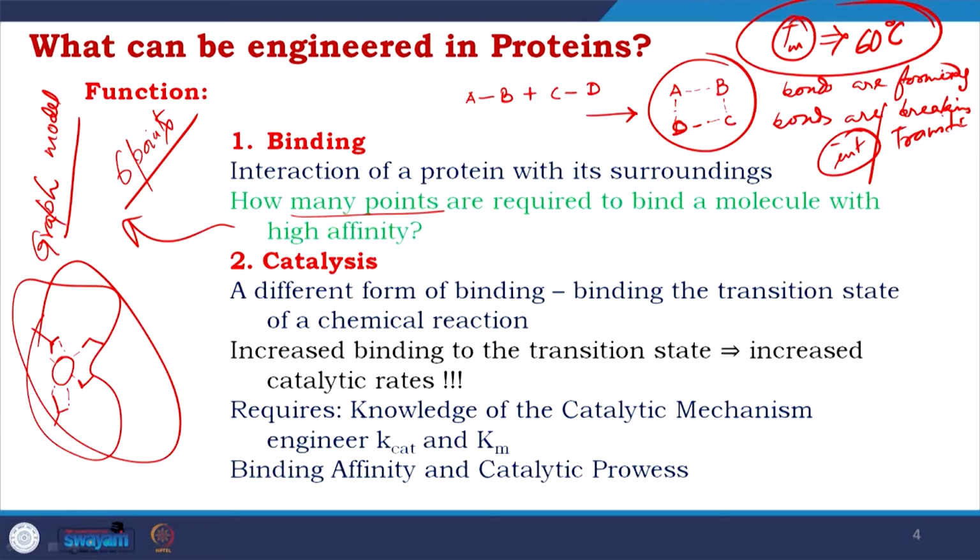So, increased binding to the transition state, increased catalytic rate, altering catalytic rate, a lot of things are possible. What we need to engineer the protein towards catalysis is the knowledge of the catalytic mechanism. We could engineer Kcat and Km. Kcat is the catalytic power, Km is correlated to the affinity.